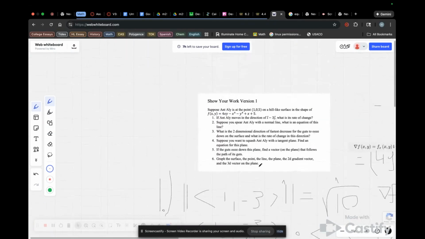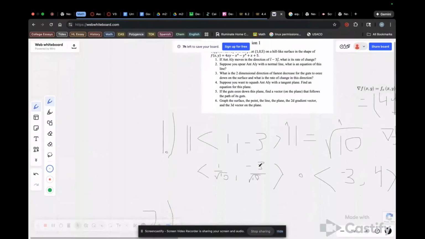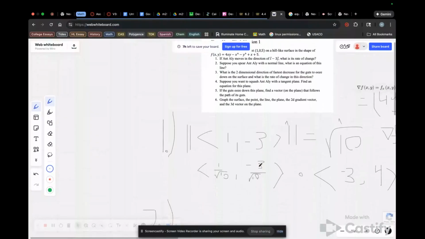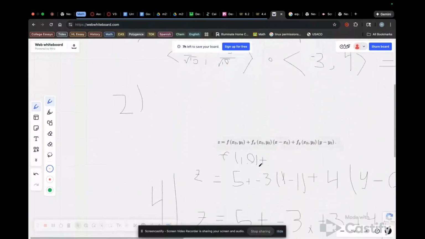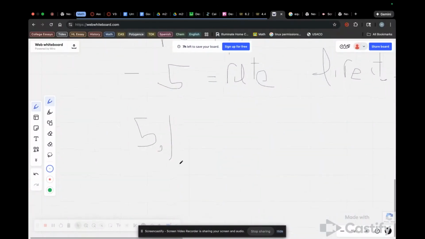Okay, if the guts ooze down this path, find a vector that follows the path of the guts. All right, so we already know that the steepest direction is the direction of 3, -4.